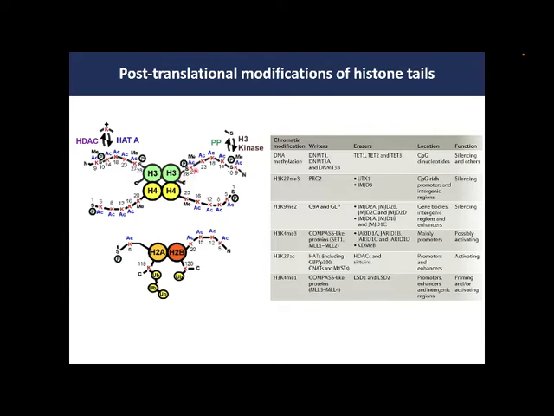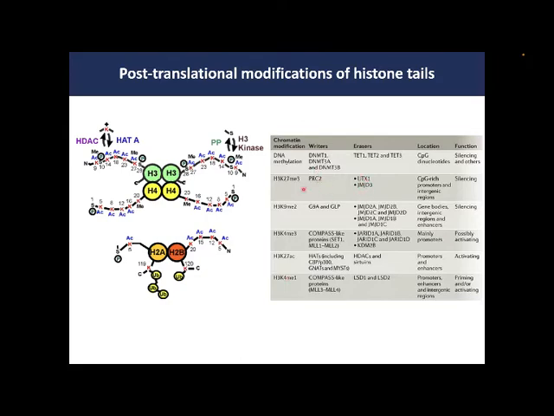So here is an example of the tail modification of histones. Acetylation, methylation, and phosphorylation happen in various regions of the histone tails. In the case of DNA methylation, the writers are DNA methyltransferases and the erasers are TETs, as I described before. Also, there are writers and erasers of specific histone modifications.